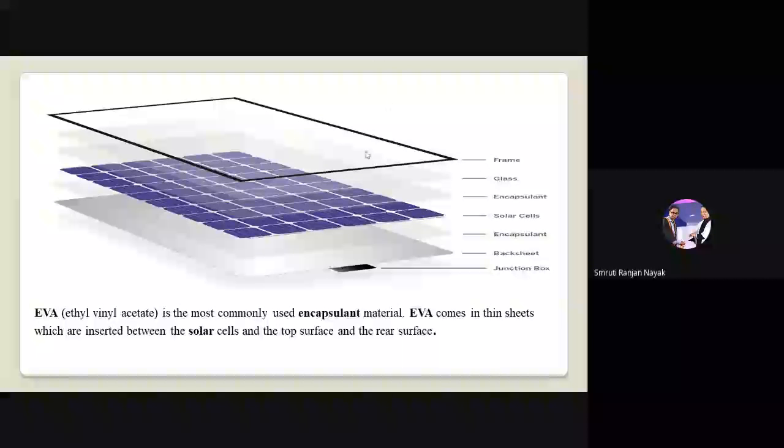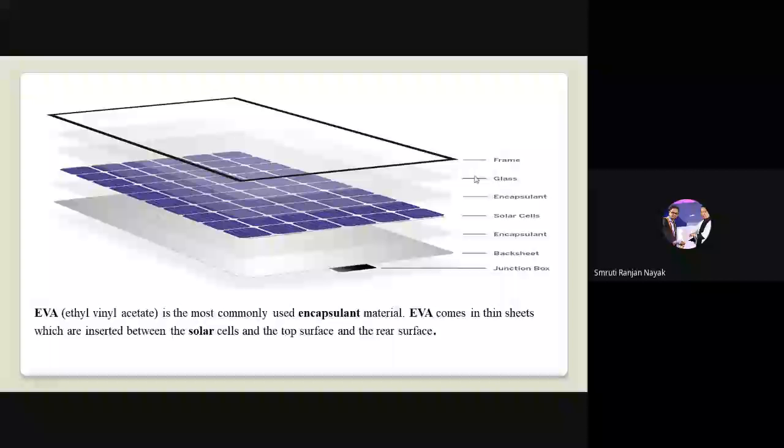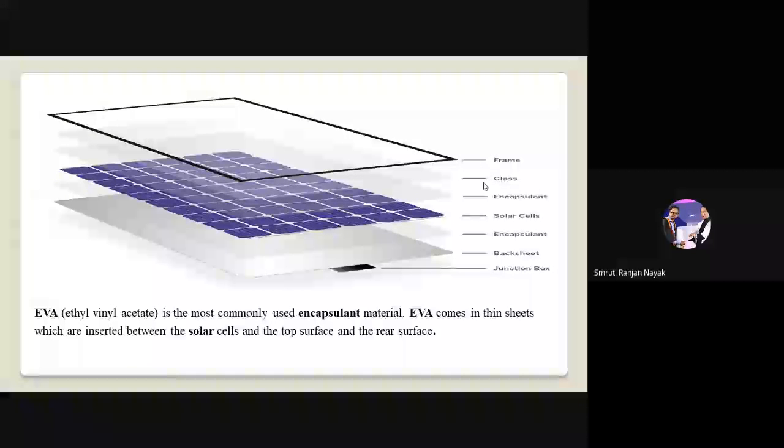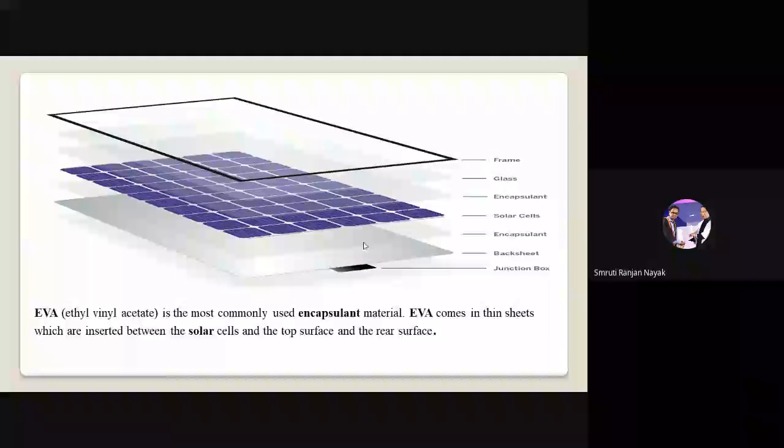So in the above there is a frame, and just below the frame there is one glass, that is known as the tempered glass. You know the tempered glass is in your mobile, and this is the encapsulant, then solar cell, again encapsulant, then backsheet and junction box. Another important thing is that ethyl vinyl acetate is the most commonly used encapsulant material.